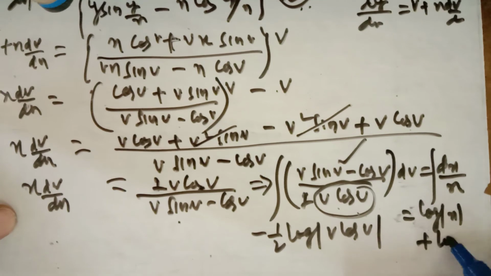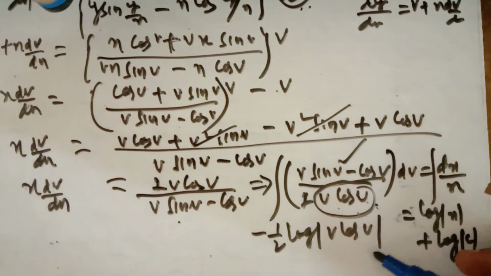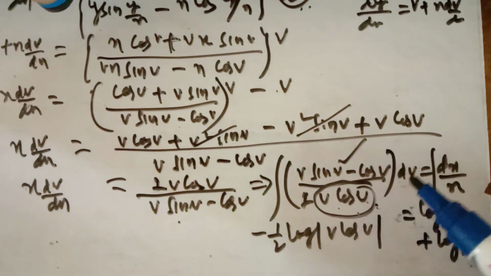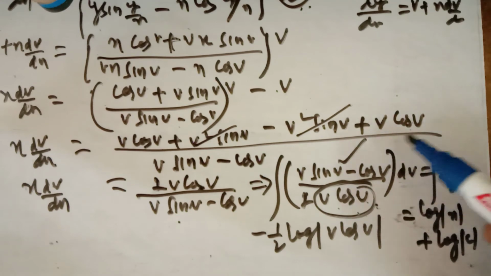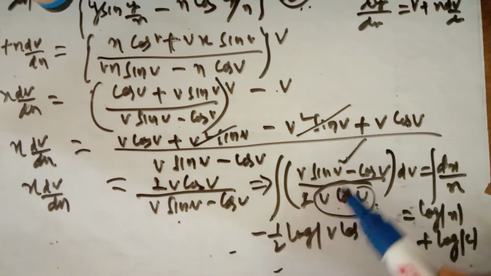And when all the terms are in terms of log, then you can put the constant in the log itself. If you are unable to do this integration directly, you can let v cos v as t. When you replace the value of dv, all the terms will be cancelled out. You will get only 1 upon t minus half times 1 upon t.